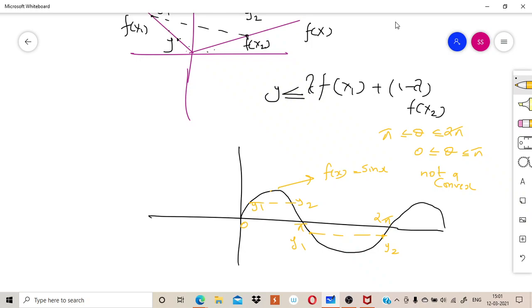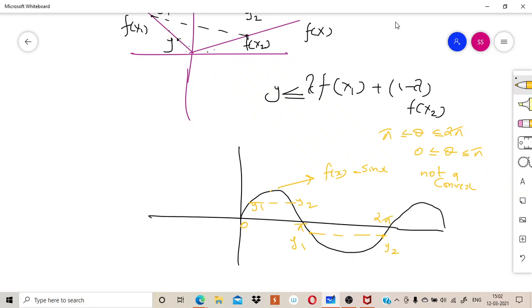So it satisfies the condition for a function to be a convex function.